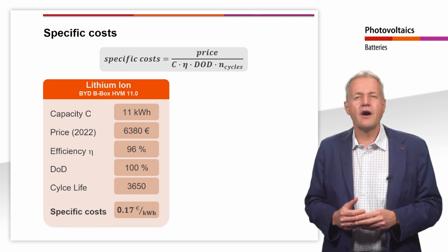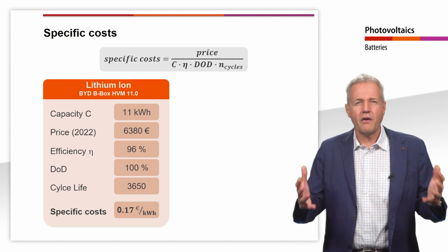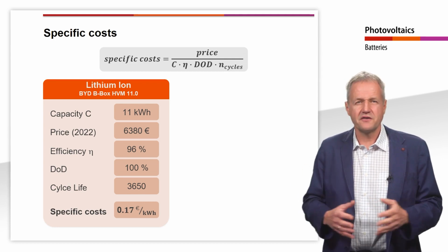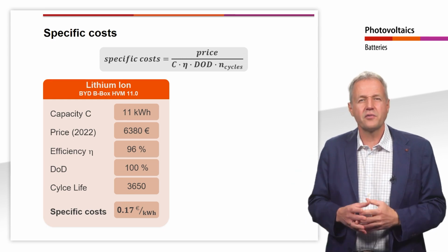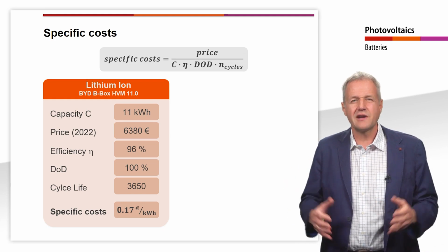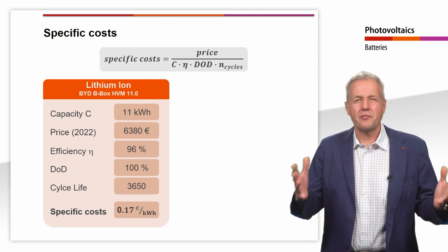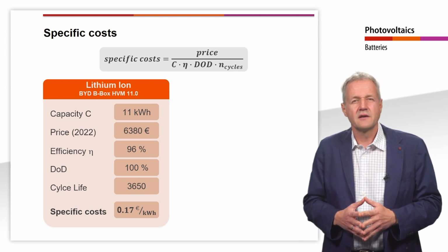We must not forget, however, that this is only the pure storage cost. The power generation costs are not yet considered here. Nevertheless, we can already see that the cost per stored kilowatt hour is well below 27.9 cents per kilowatt hour that currently separates the electricity purchase price from the feed-in tariff.